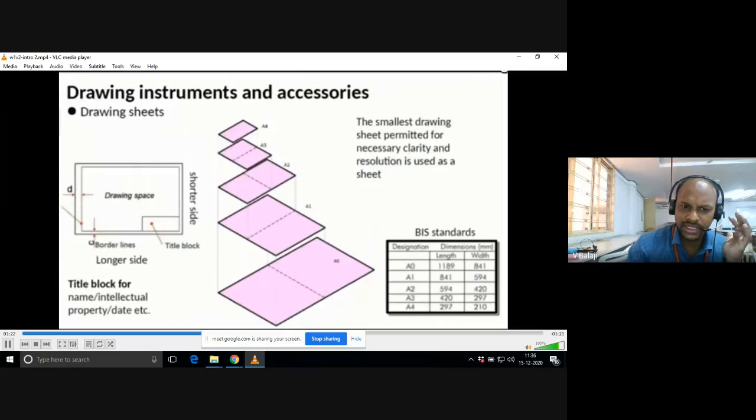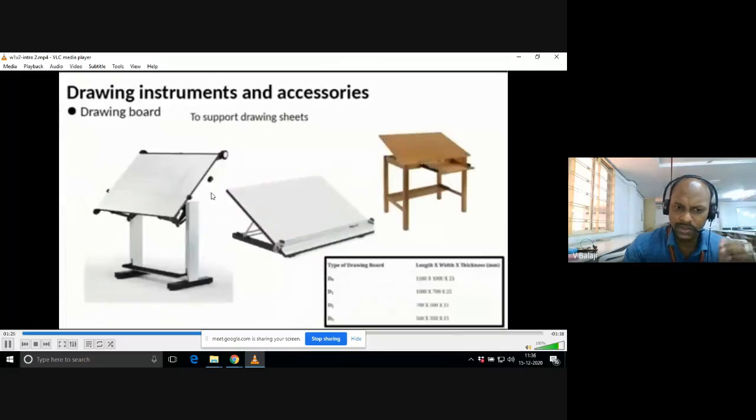We have seen the sheet layout and the drawing board. Generally, this is the drawing board. It is positioned at an angle to ease the drawing and give a comfortable orientation. The drawing board is made of softwood material.